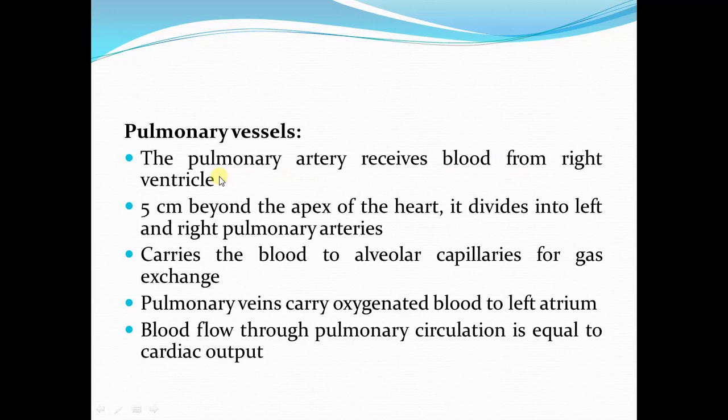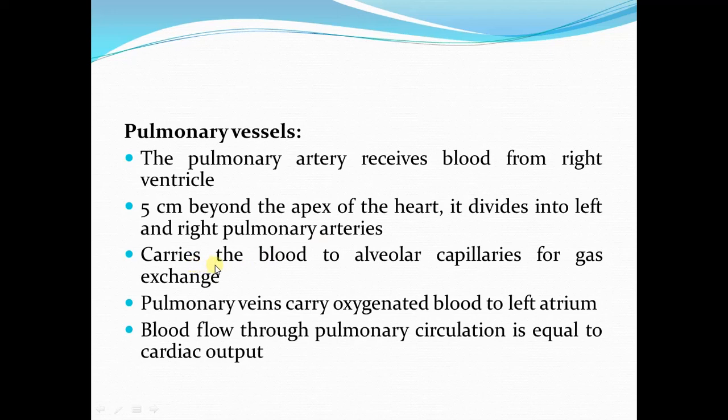It carries deoxygenated blood from the entire body. 5 centimeters beyond the apex of the heart, it divides into two branches, the left and the right pulmonary artery, each of which is going to enter into the respective lungs.